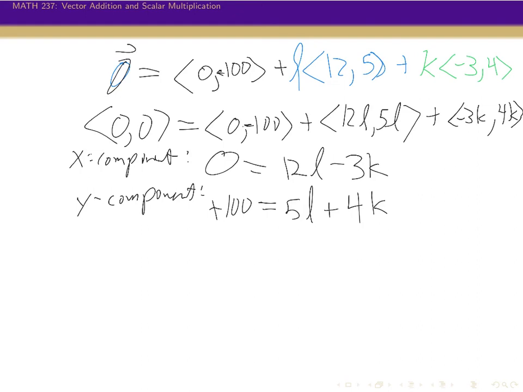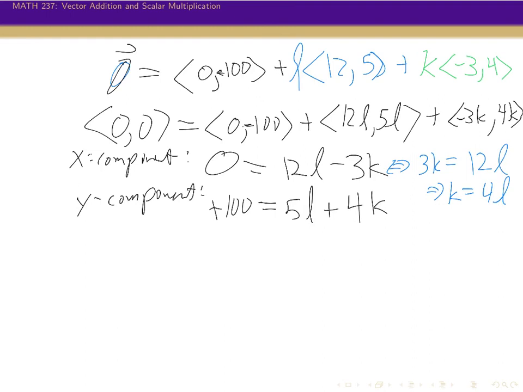Now that we broke this up component by component, we have two equations, two unknowns. We can use any way to solve this we want. I'm going to focus on the x component first. From the x component, I can rewrite it as 3K is equal to 12L, divide by 3, and I get K is equal to 4 times L. Then I can plug that into the other equation.